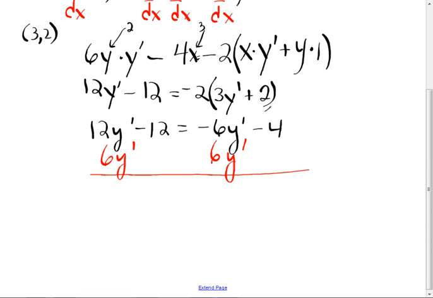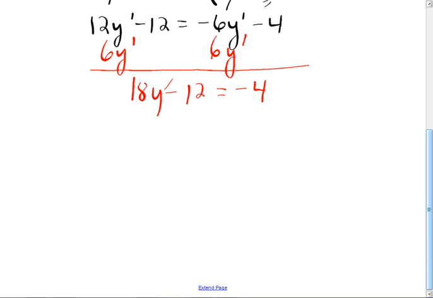So what am I going to get? 18y prime minus 12 equals minus 4, and then I'll have to add what to both sides? 12. 18y prime is equal to 12 there and 12 there, so that's equal to what? 8. Divide by 18, I'm going to have to be able to reduce fractions.